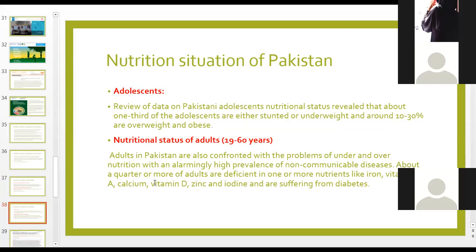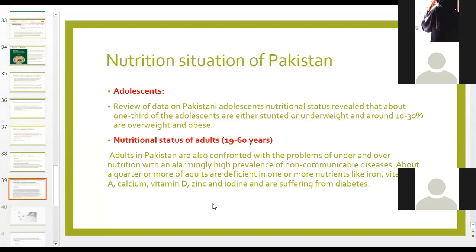Adults in Pakistan are also confronted with problems of under and over nutrition and an alarming prevalence of non-communicable diseases. About a quarter of adults are deficient in one or more nutrients like iron, vitamin A, calcium, vitamin D, zinc, or iodine.